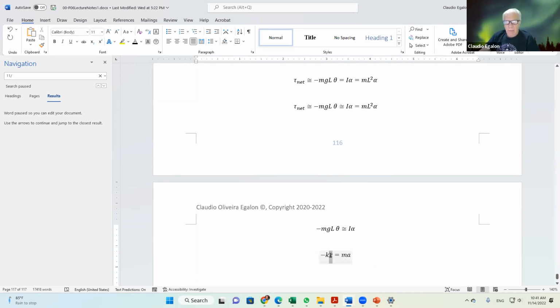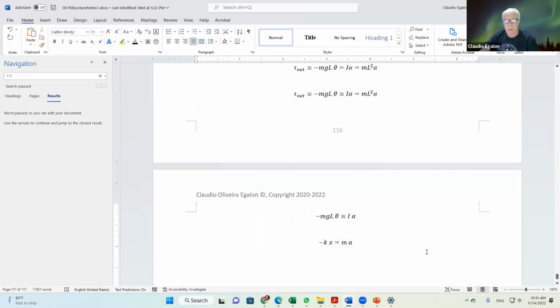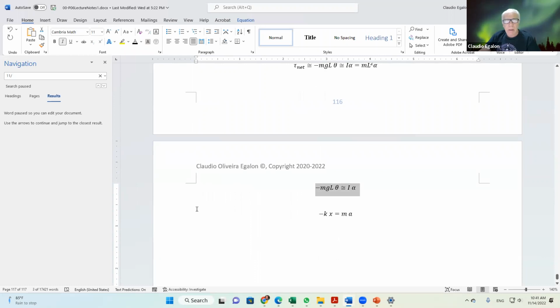See here, we have linear position, we have angular position. Here we have a measure of the linear inertia, a measure of the angular inertia of our system. Here we have linear acceleration, and here we have angular acceleration. So what you see here is very similar to what we see here, even though the equations are different.